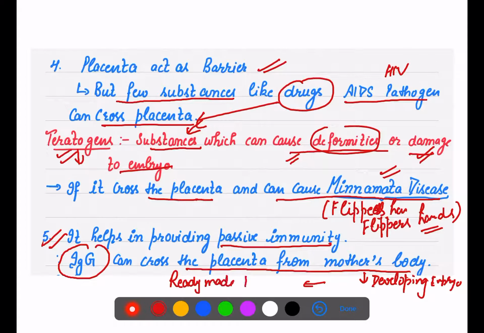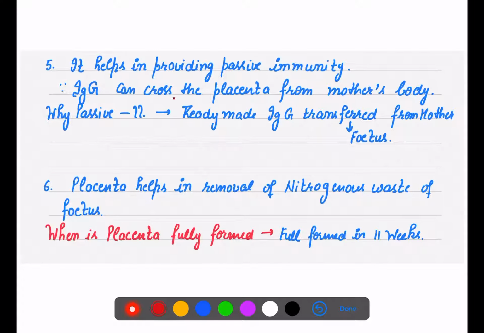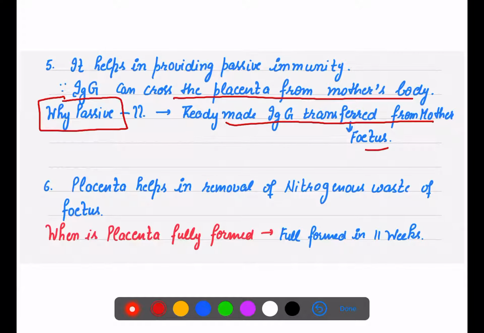This kind of immunity, in which a person gets ready-made antibodies, is called passive immunity. These antibodies are very helpful for a growing embryo. You should know this point: why passive? Because ready-made IgG is transferred from mother to fetus.